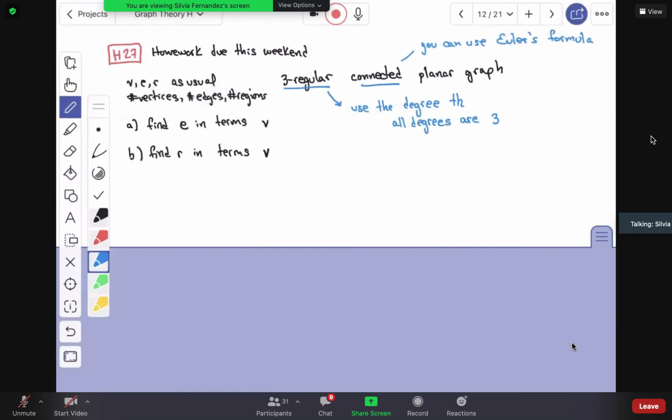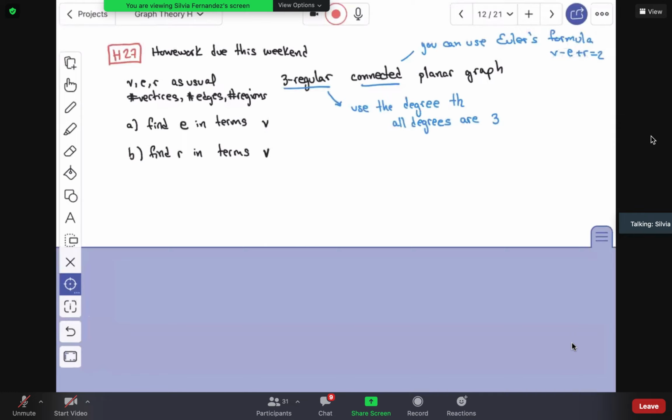And then you use Euler's formula. Euler's formula is vertices minus edges plus regions equals 2. If you already have the edges in terms of V, then you can solve for R, and it's going to give you R in terms of V. So it should be pretty easy, but I don't want to do it for you.